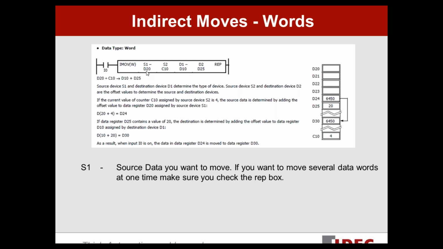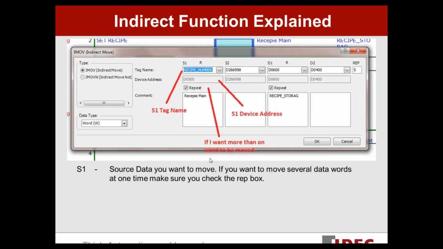What that means is, in the indirect move pop-up screen, when you program this, you'll have S1, which is the data register where you want your move to start from. That's where the PLC is going to start looking at data.